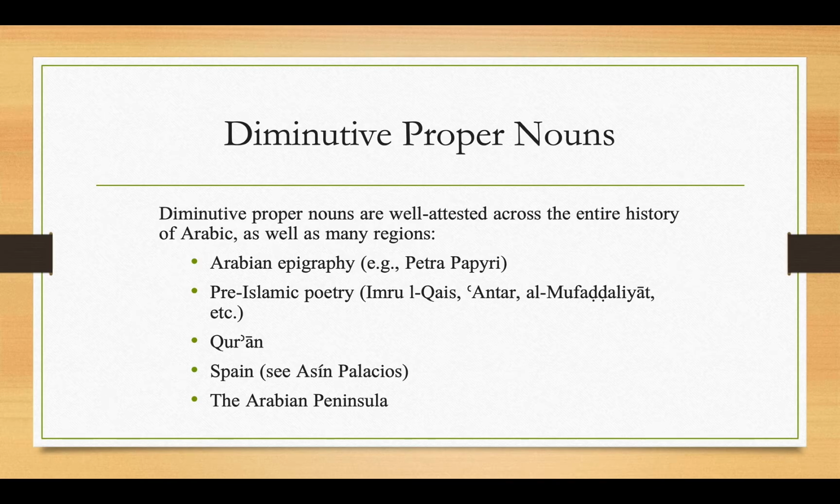There are many diminutive names in pre-Islamic poetry, and there are dozens of diminutive toponyms in al-Mufaddaliyat. There are several diminutive proper nouns in the Quran, and there are also many diminutive toponyms from Arabic roots in Spain, as well as in the Arabian Peninsula and Sudan.